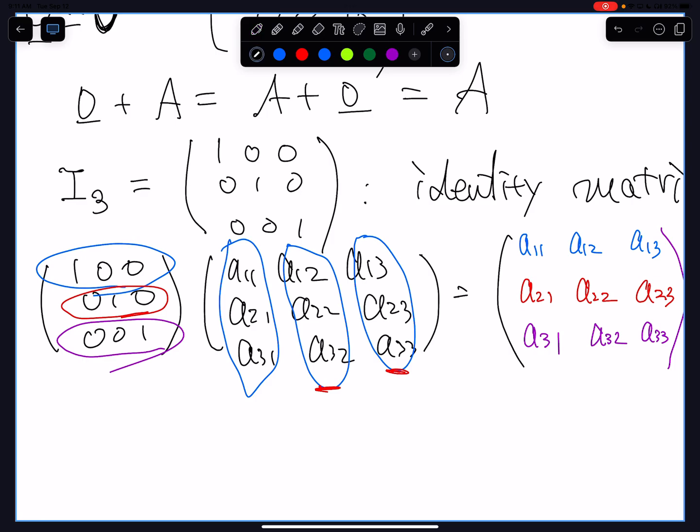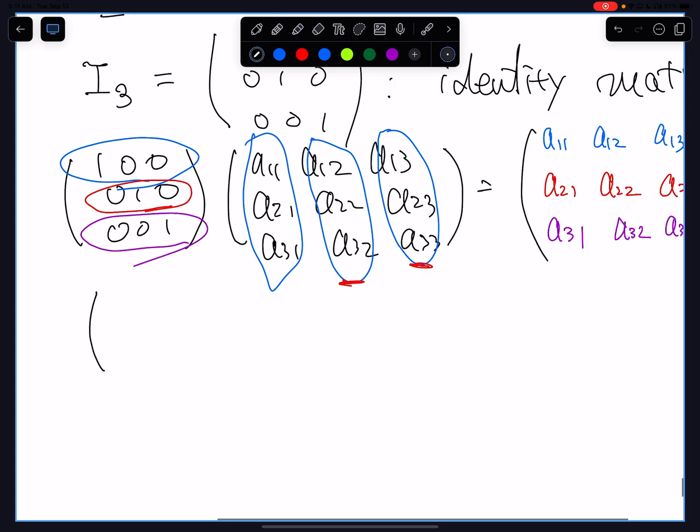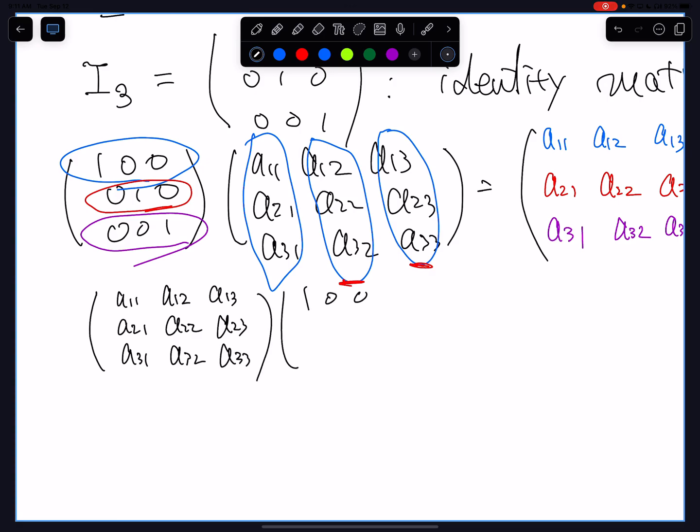And it's not just the left-hand side multiplication; the same thing happens to the right-hand side as well. I get the same result.